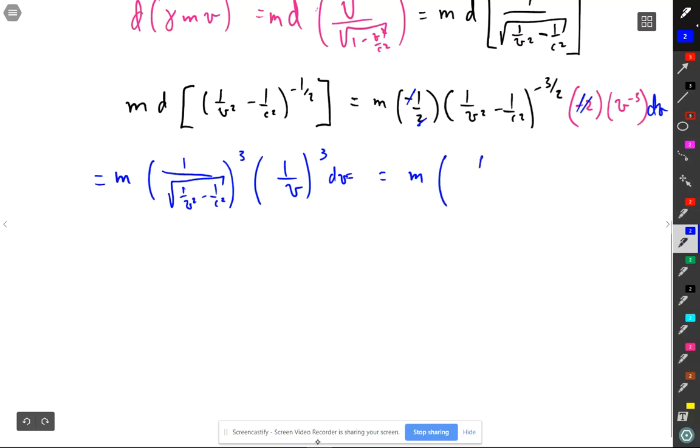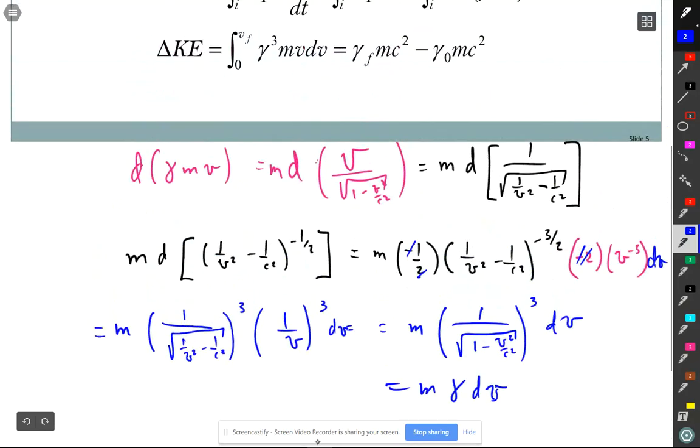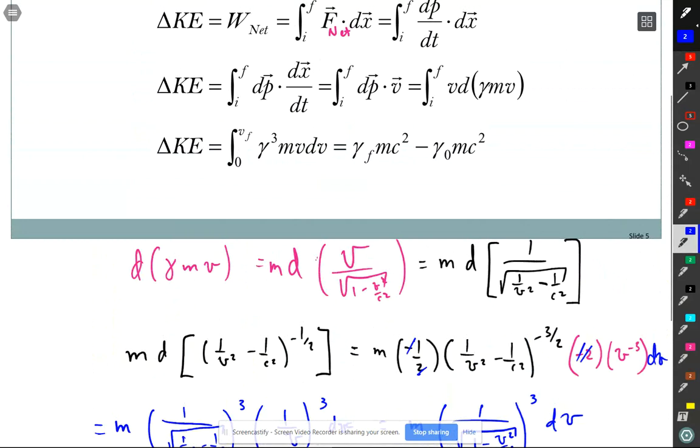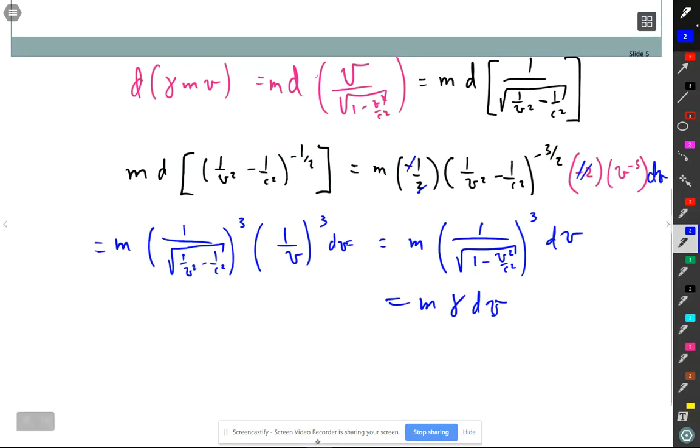And what is that thing in parentheses? Gamma. And so m gamma cubed then, because I had the cube there.